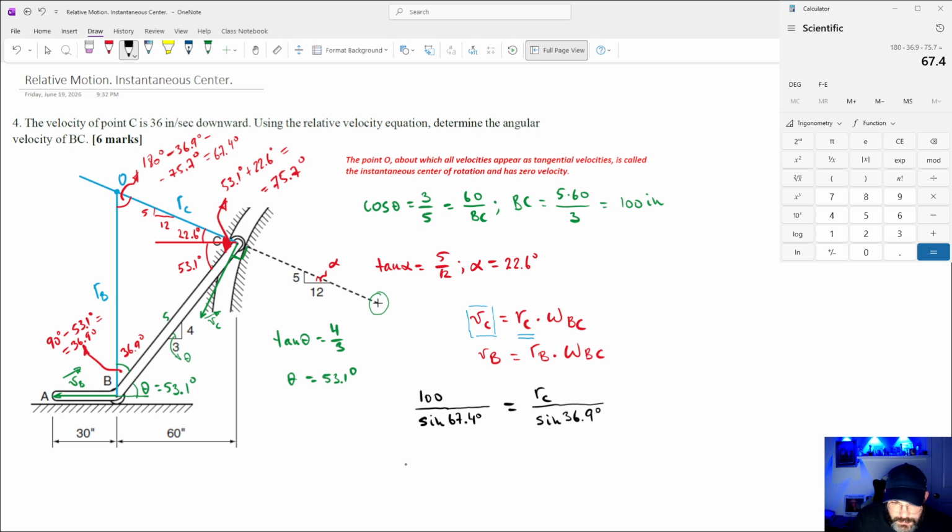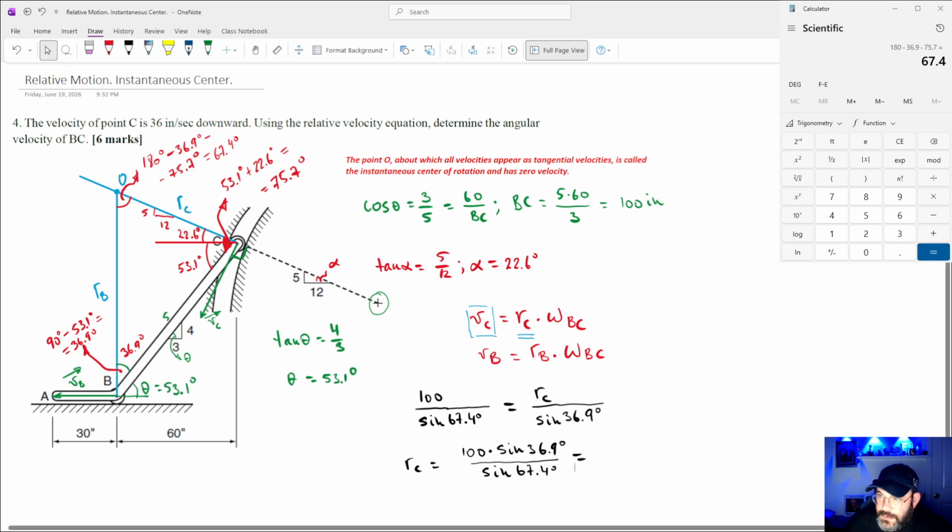Okay, and our RC is equal to 100 multiplied by sine 36.9 degrees divided by sine of 67.4 degrees.